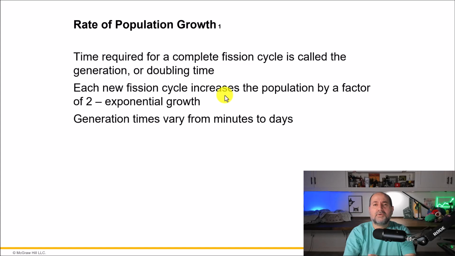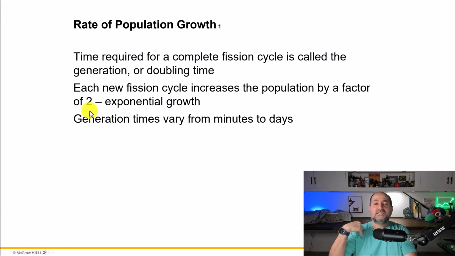So now let's talk about how fast microbes divide. That's called the rate of population growth. The time that's required to complete one binary fission cycle is called the generation or doubling time. Each new binary fission cycle increases the population by a factor of 2.